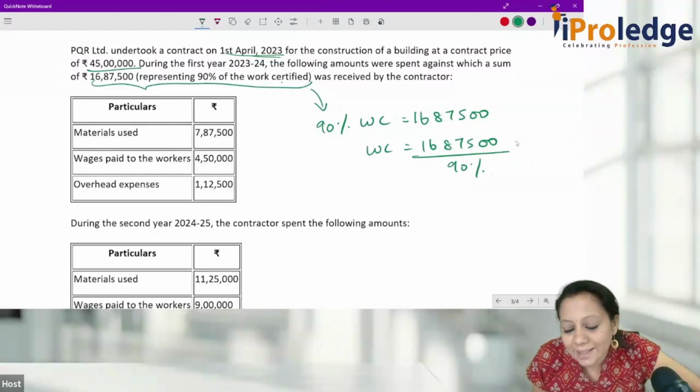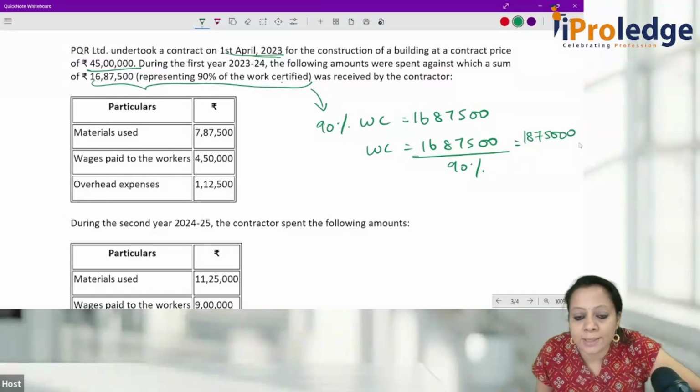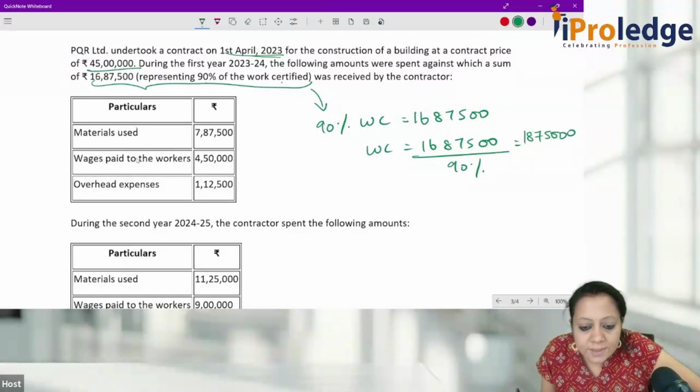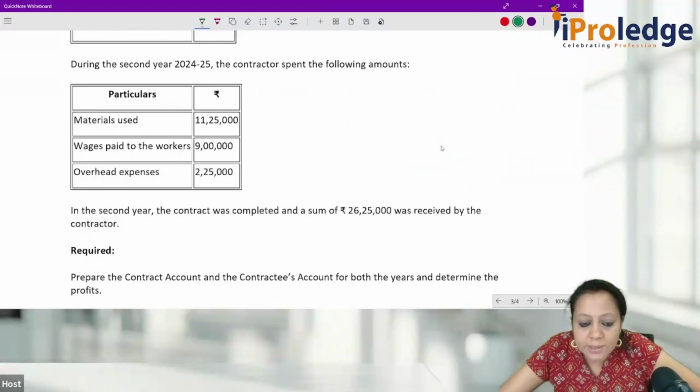Can I say like that? Yes. So whatever amount we get, 16,87,500 divided by 90%, 18,75,000. Yes. So we have got all this. Now, materials used, wages paid, overheads, everything is given to us. During the second year, the following are also given.